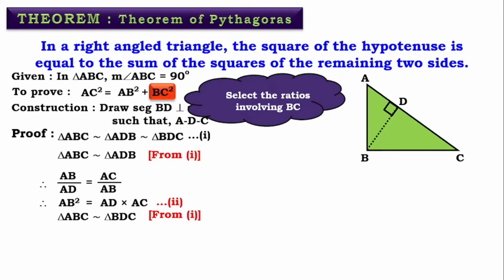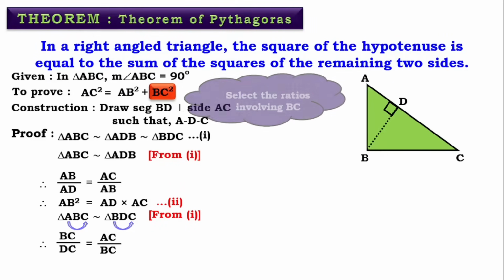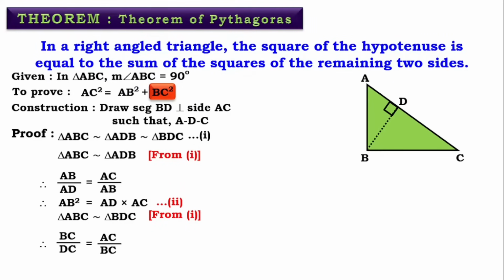So BC upon DC is equal to AC upon BC. Understood? Now again cross multiply. So BC into BC will give me BC square is equal to AC into DC. And this is my equation number 3.